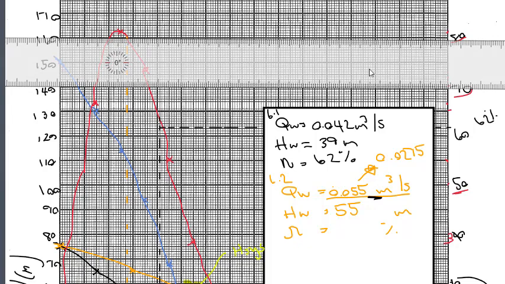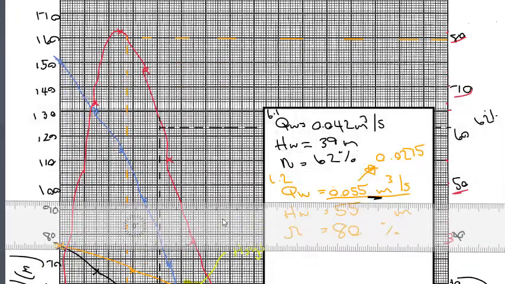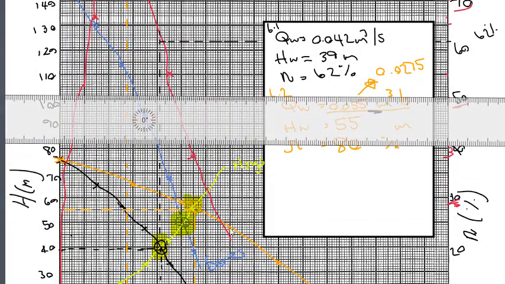Go and check what the efficiency value is, and as you can see, it's more or less 80%. If I mark this all the way across, we'd see that we get more or less 80%. We can simply write down here 80%, and move on to our next one.